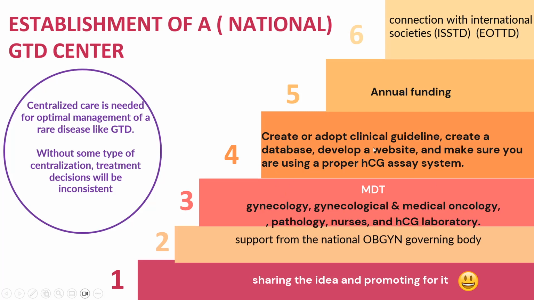Number four is to create or adopt clinical guidelines, create a database, develop a website, and make sure you're using a proper HDSA system. You have to look for annual funding, and finally find a connection with international societies like the International Society for the Study of Trophoblastic Diseases and the European Organization for Treatment of Trophoblastic Diseases.